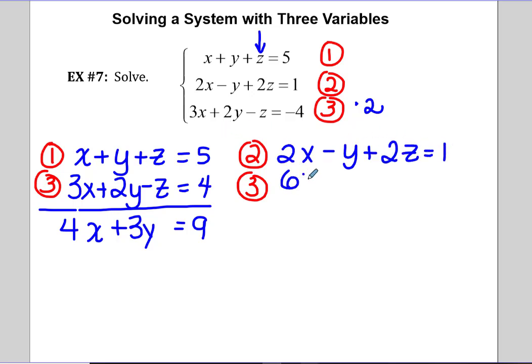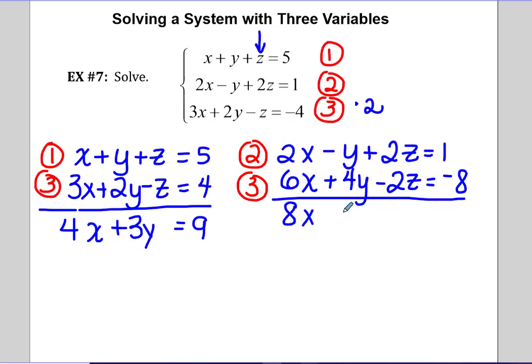And then 3 times 2 is 6, and 2 times 2 is 4, and 2 times 1 is -2, and -4 times 2 is -8. So we get 8x and 3y and -7. So we'll name this equation 4 and this equation 5. So we want to do something with equation 4 and equation 5.